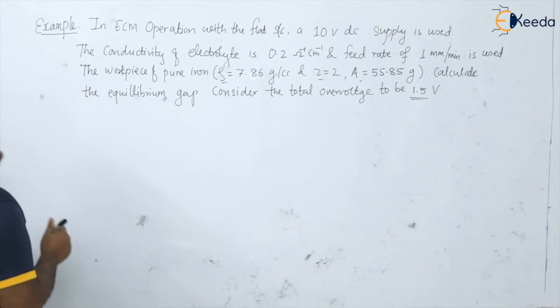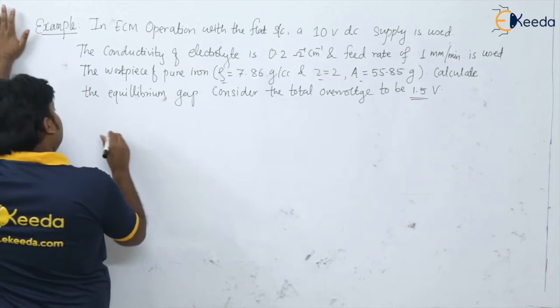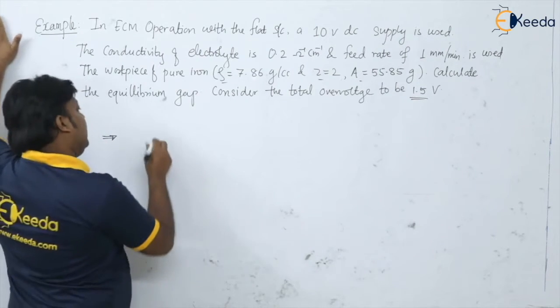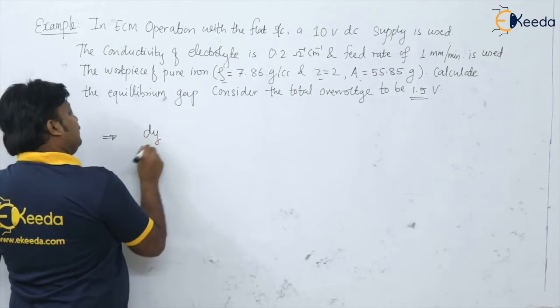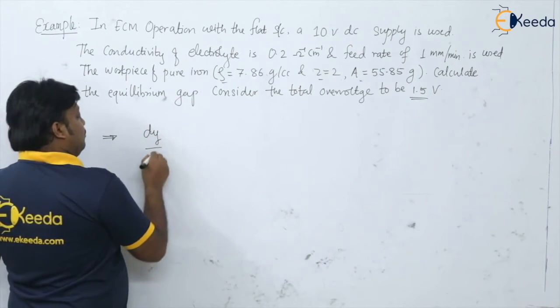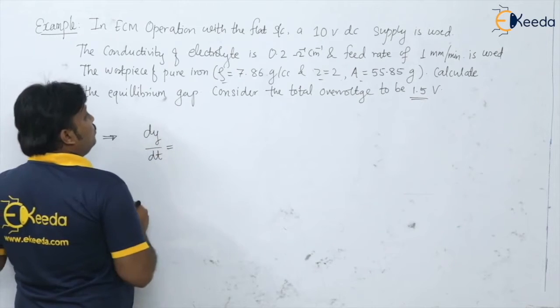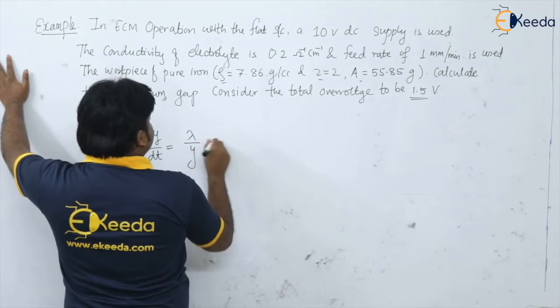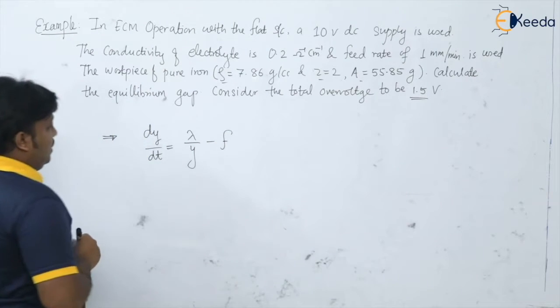Let us solve this. We know that the equation of dynamics for ECM, which we have already derived, is that the feed rate or change in gap, dy by dt, is equal to lambda by y minus the feed f.